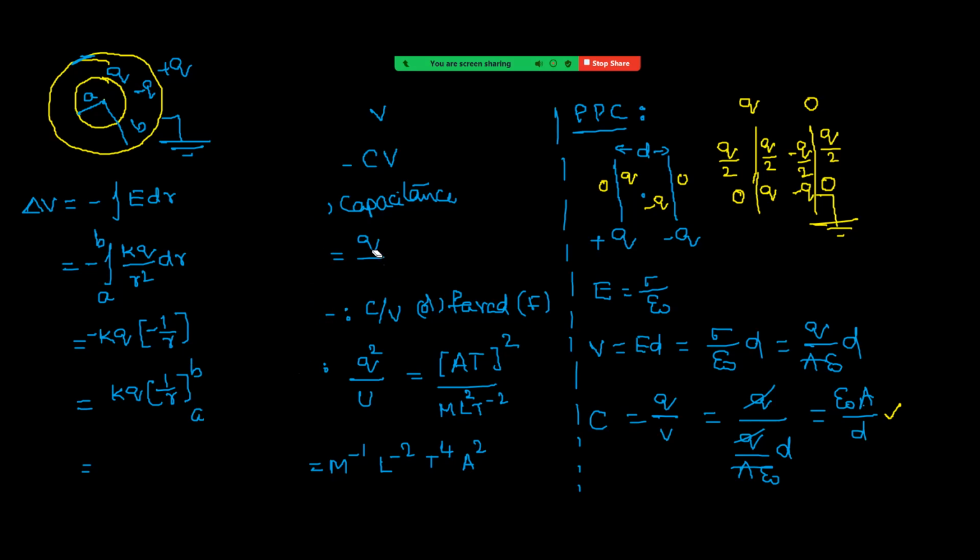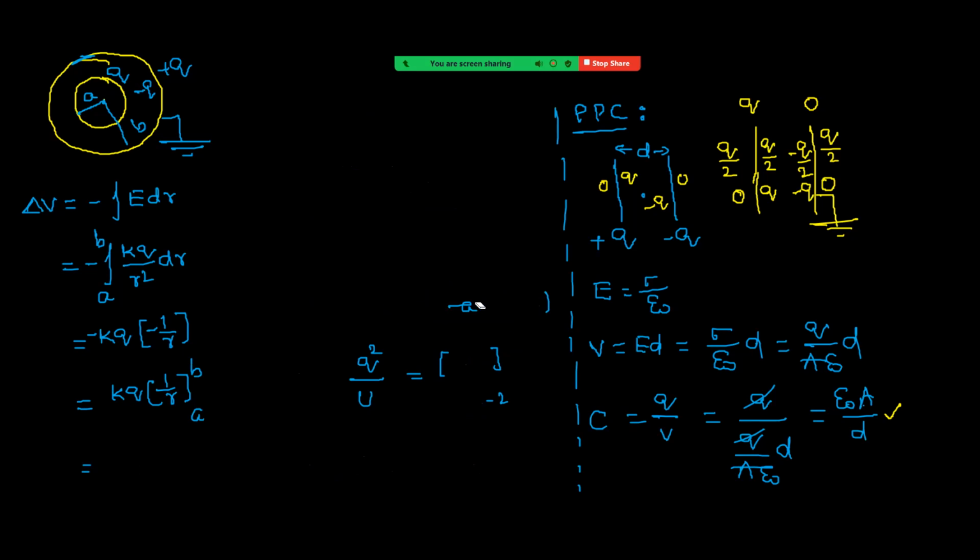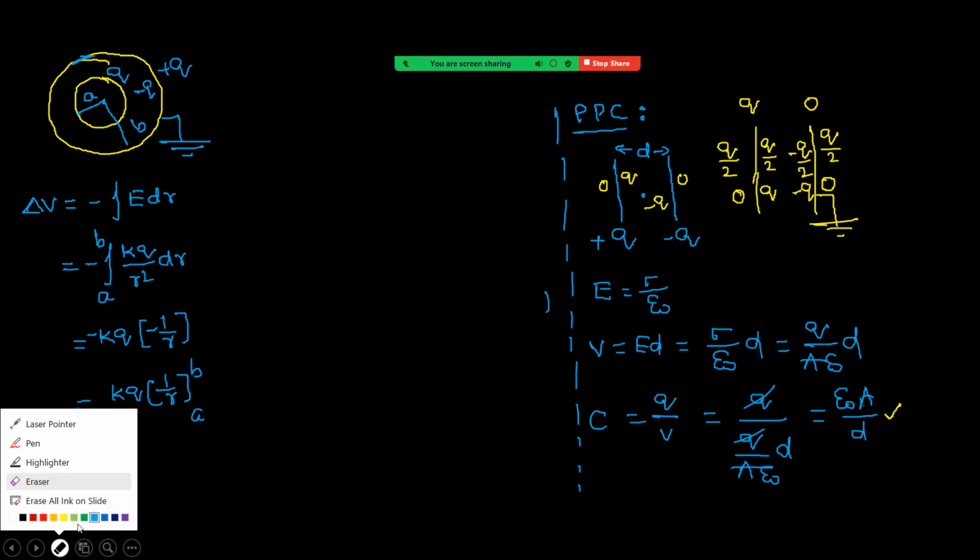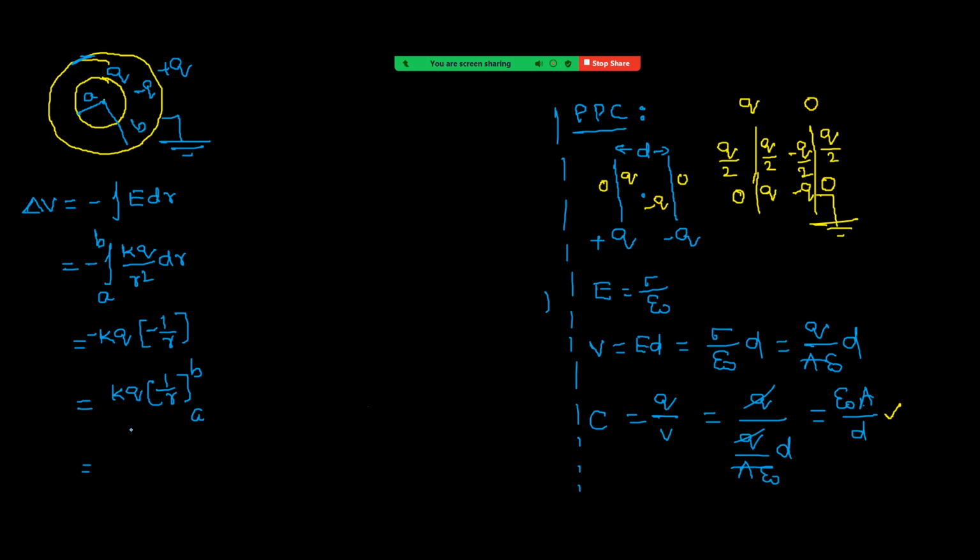See the substitution part. If you substitute values there, we are going to get kq into 1 by b minus 1 by a.